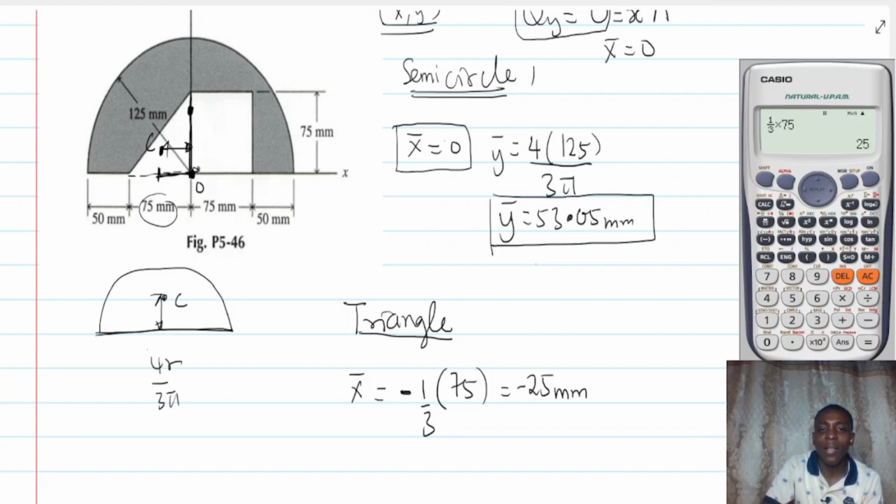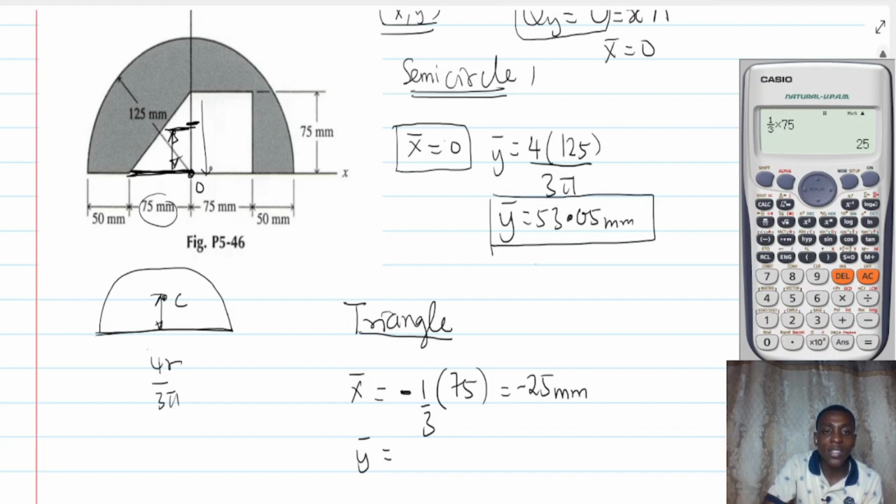How about the y? So the y bar is like saying that you want to start from the origin and locate the center. Now, interestingly, if I take the horizontal side as the base now, then the center coordinate will be somewhere along the y.